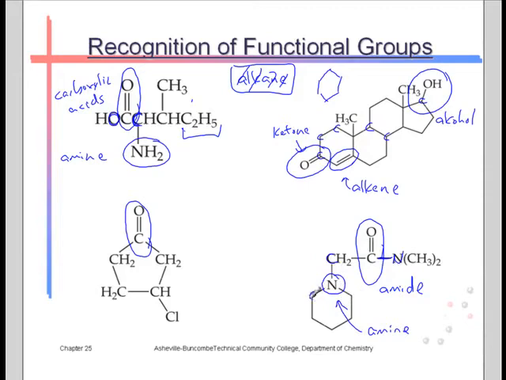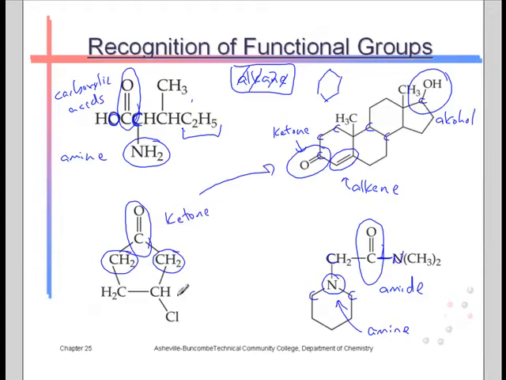And remember, each corner here, each intersection of two or more lines, indicates just another carbon atom. And so this is consistent with the amine formula. And then finally, there's our carbonyl group again. Again, two simple carbon-hydrogen units on either side. This is a ketone, analogous to that ketone there.